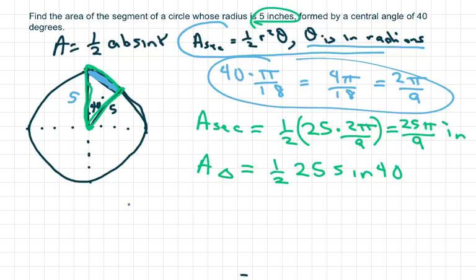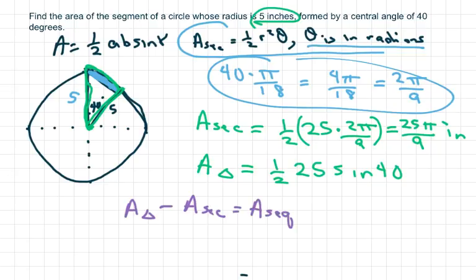So we get the area of the triangle minus the area of the sector gives you the area of the segment. I get my S's confused.